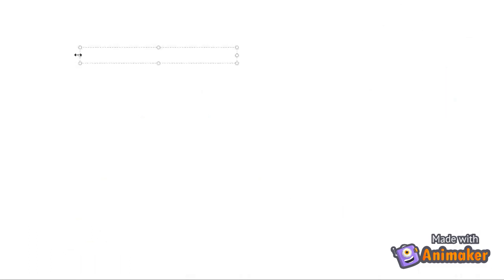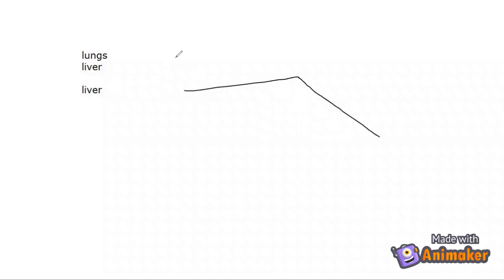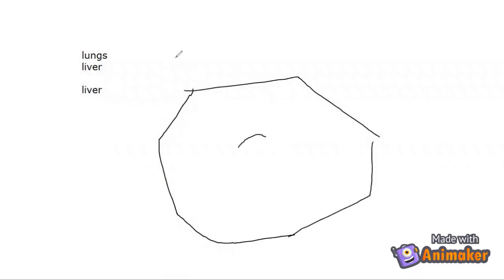We'll discuss two things: lungs and the liver. We are done with the lungs. Now we'll discuss what happens in the liver. Again, if you remember some of your previous knowledge, the liver has hepatocytes. There is a central lobule, and this is something similar to what it looks like.